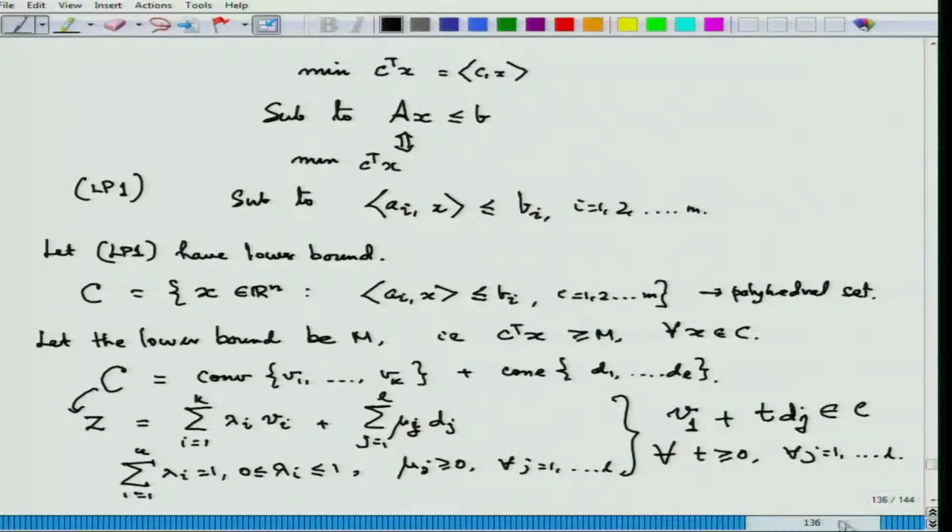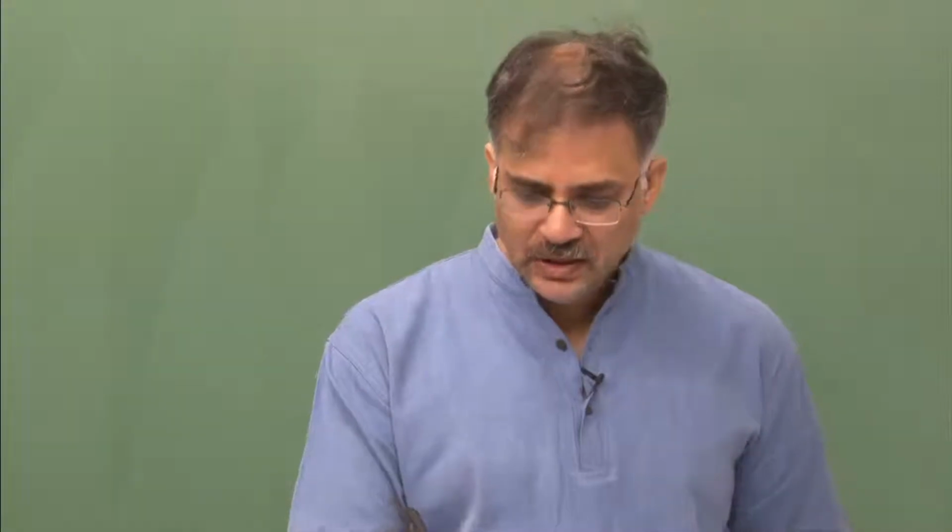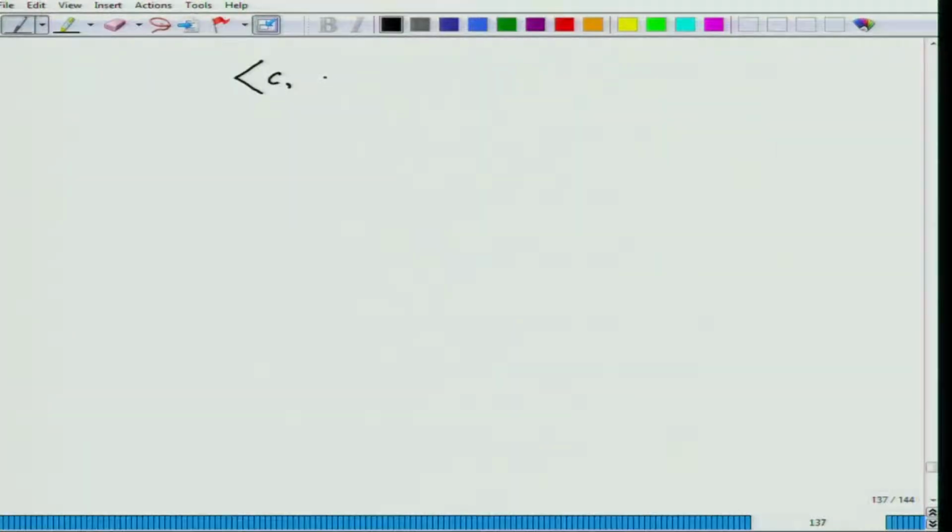Now, once I know this, what can I do? Because this is in C, by my very definition of the bound M, this is what I would have.